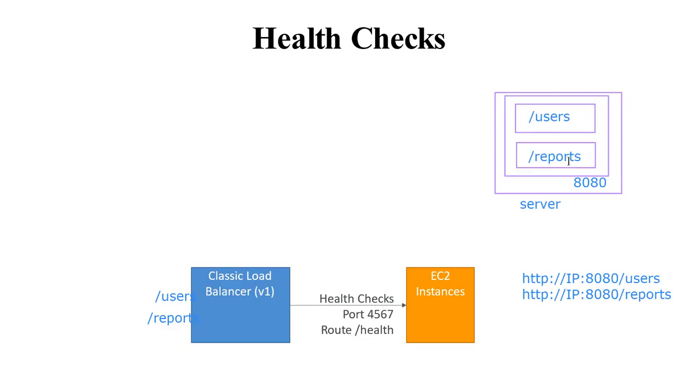So on the basis of how the applications are managed, whether these two applications are running on the same server or on different instances, yes, the routing rules have to be managed. What are we talking about? Routing rules. So if users is received, which servers it has to be forwarded to. And if reports is received, to which group of instances it has to be forwarded.